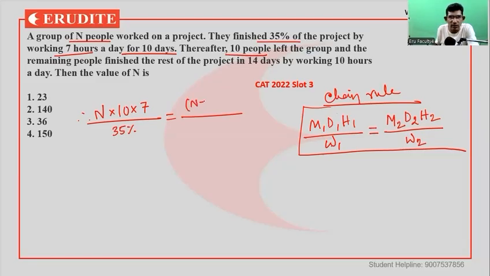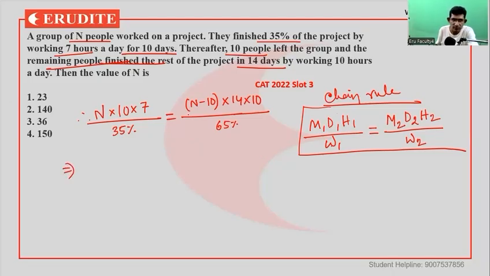How many people are remaining? That is n minus 10. Now they work 14 days, each day for 10 hours, to finish the remaining work, which means the remaining 65% of the work. As the works are related, I can equate the two ratios, cross multiply, and get the value of n.